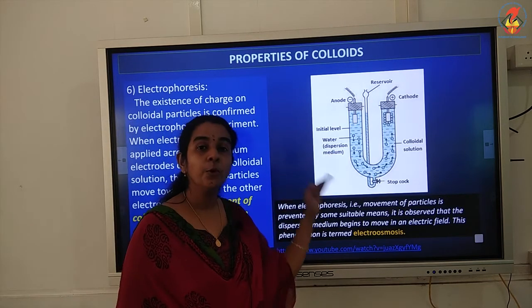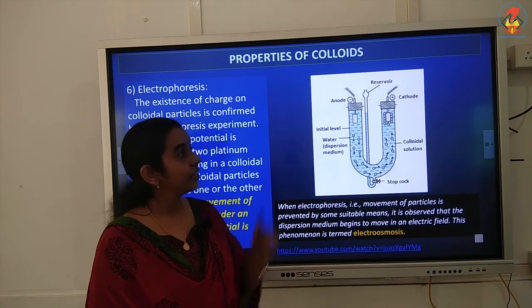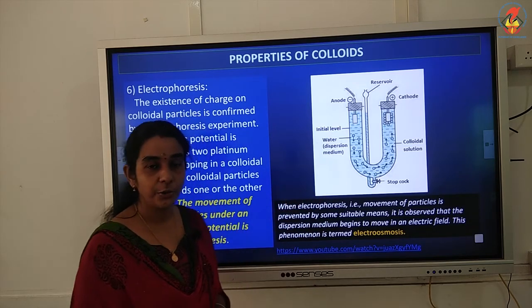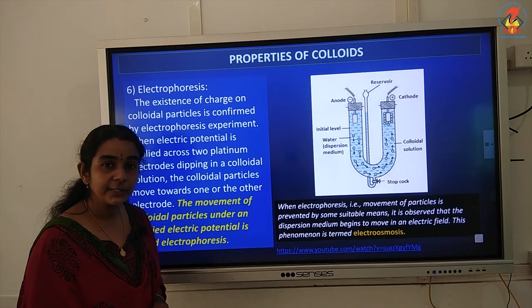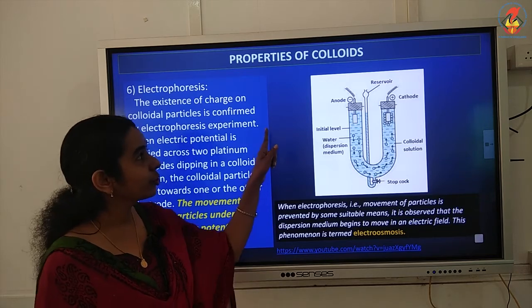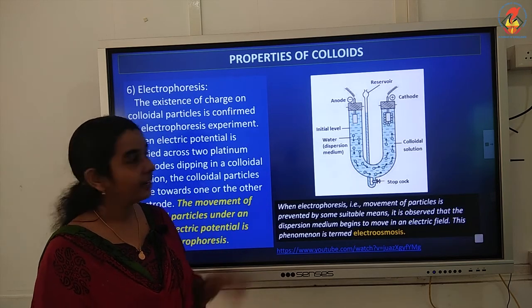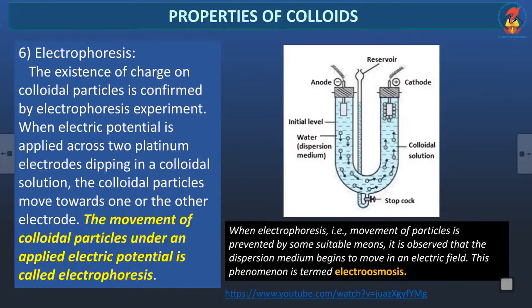This movement of colloidal particles towards the oppositely charged electrode under the influence of an electric field is known as electrophoresis. And by electrophoresis we can prove the charge of colloidal particles also. And by any method, if we prevent the flow of colloidal particles, only the solvent particles will be moving.